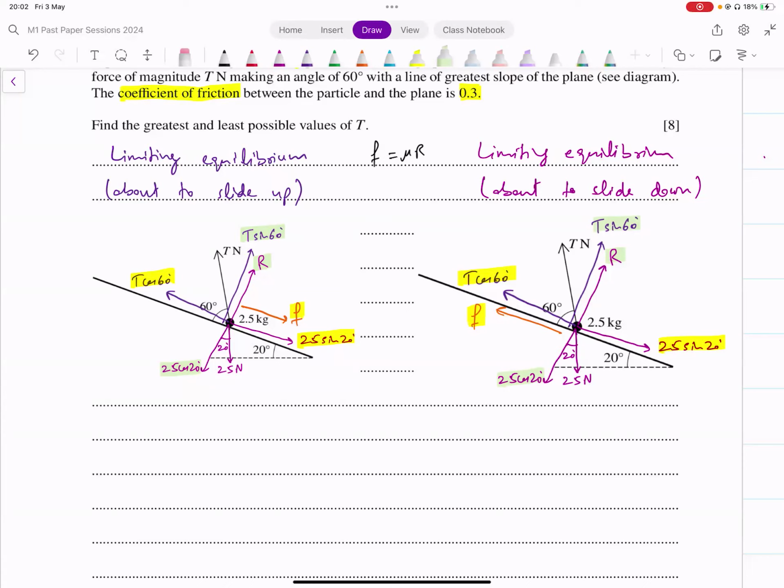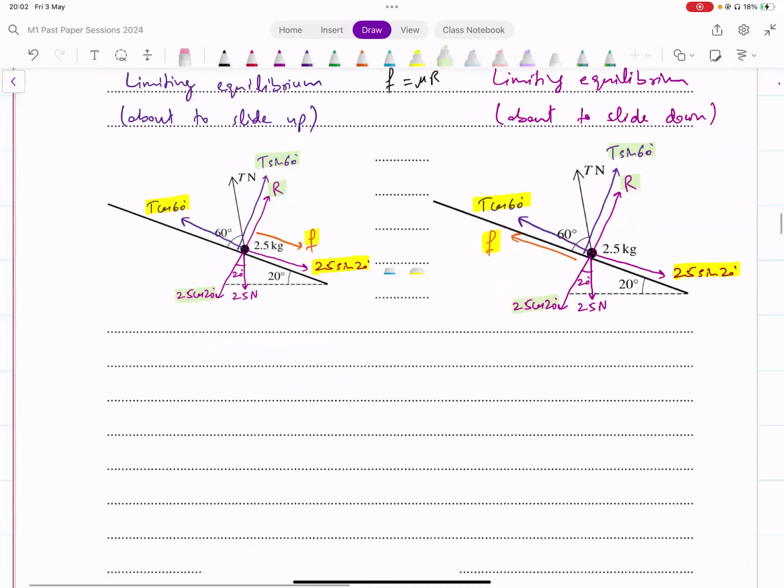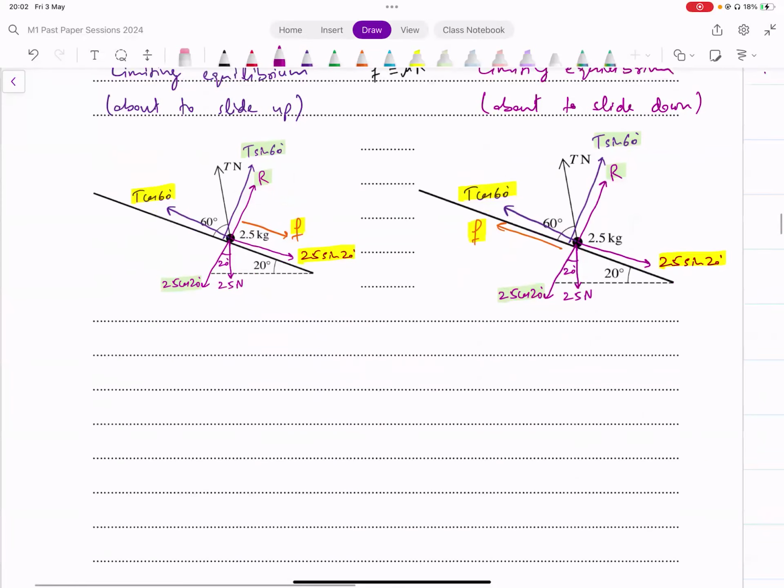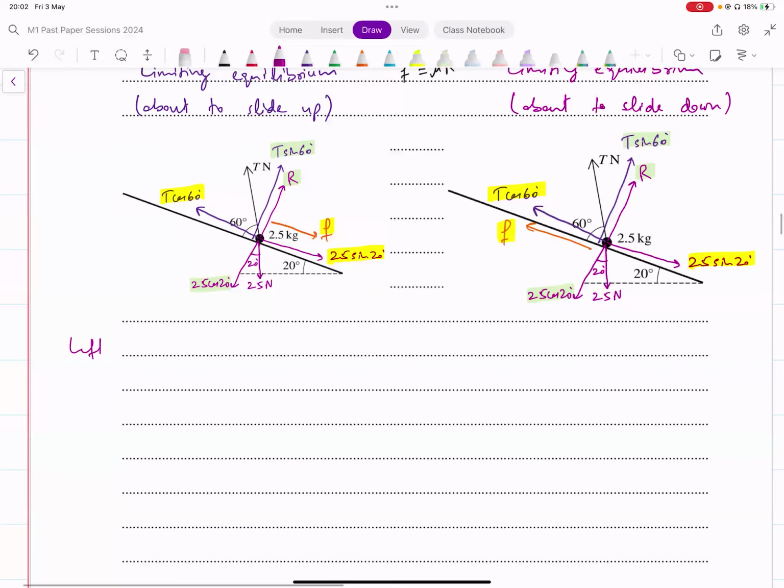Okay. All right. Now let's equate the opposite forces. Equate the forces acting to the left to the forces acting to the right, and the forces acting upwards to the forces acting downwards. Up and down are considered according to the plane. So this is the upward direction, this is the downward direction. If you consider yourself standing on the plane, this is the right side and this is the left side.